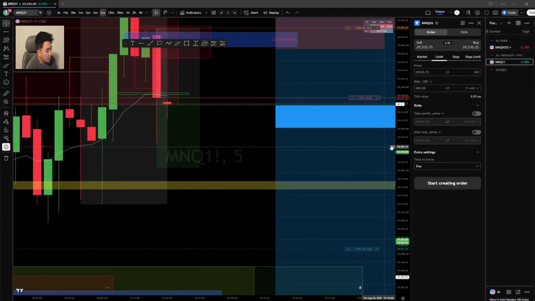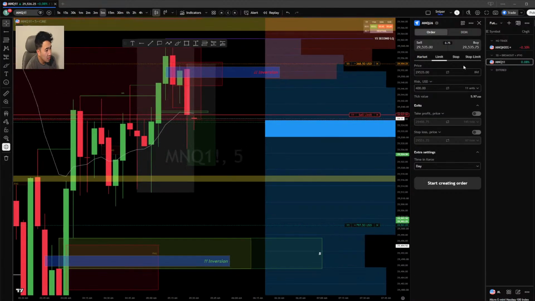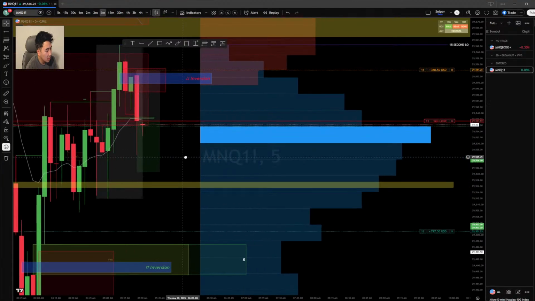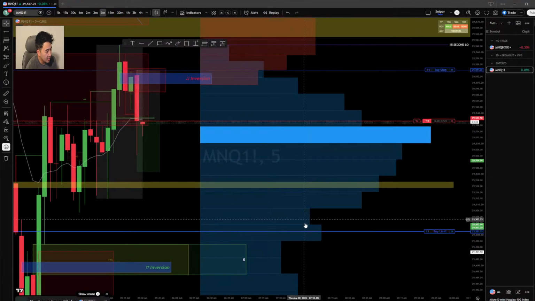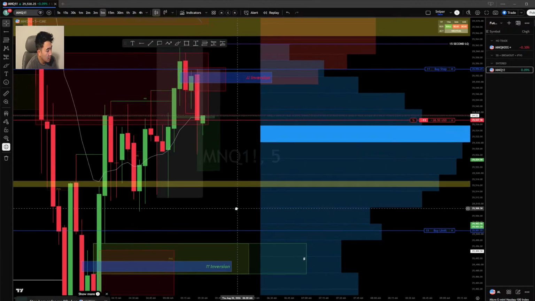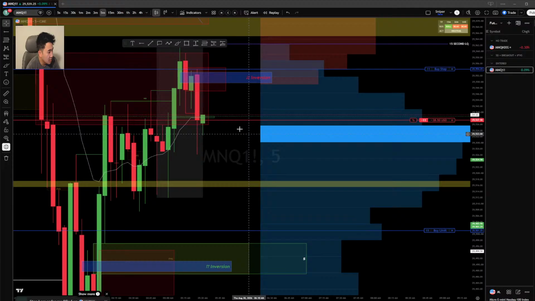Be right here. Volume profile, it slopes down, and then so we'll target this right here, this peak. All right, we're in the trade. See how this plays out.